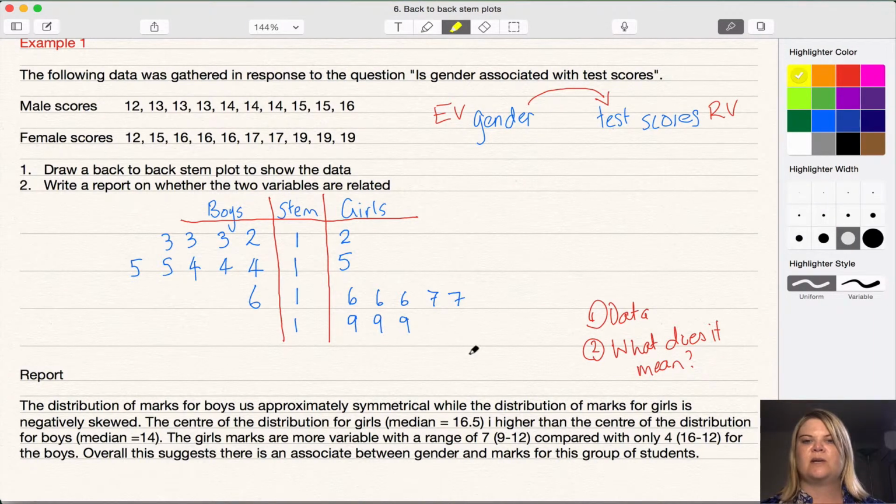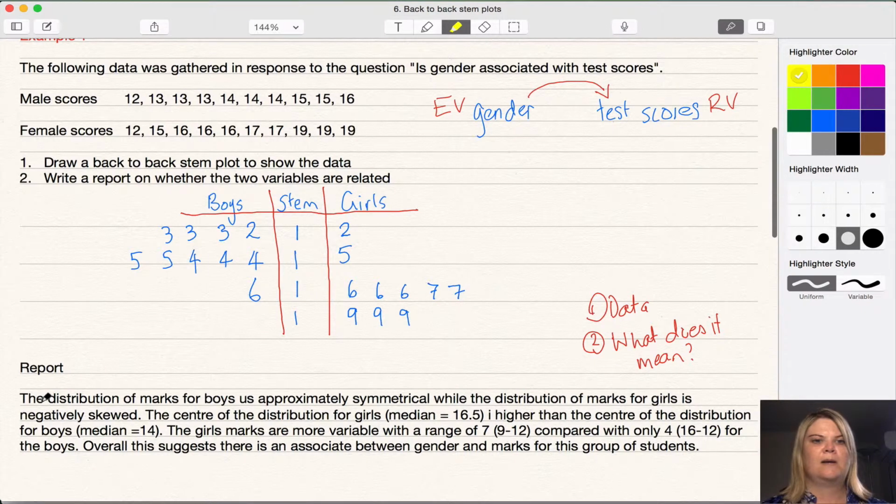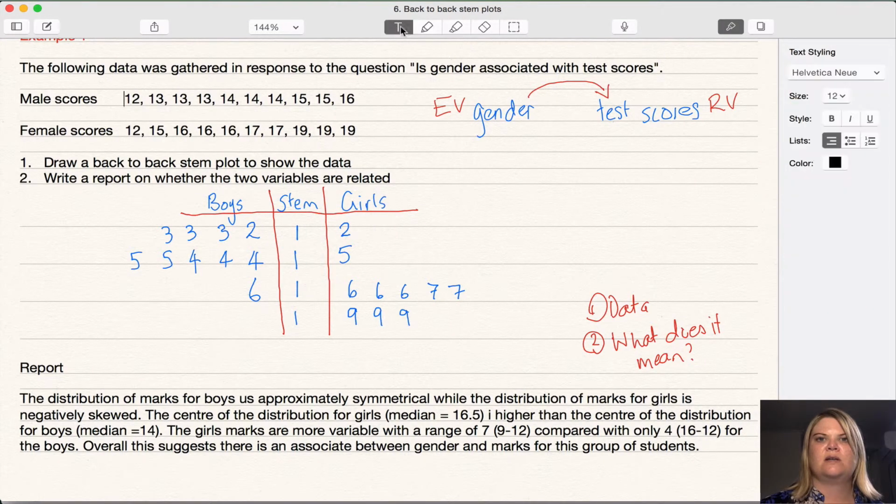I'll be highlighting the information that you need, but you can have different words. The distribution, I haven't mentioned in there the display.